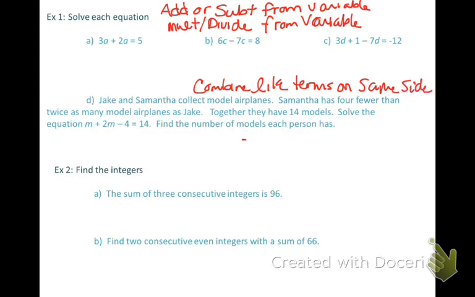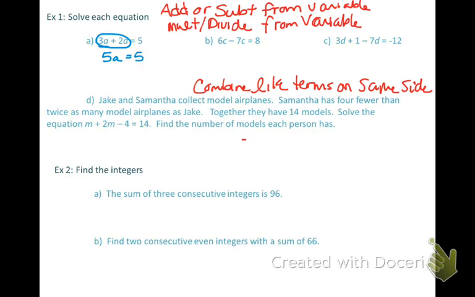So, if I look at this section, on A, my combining of like terms is 3a plus 2a. Well, if I add them up, it would be 5a.